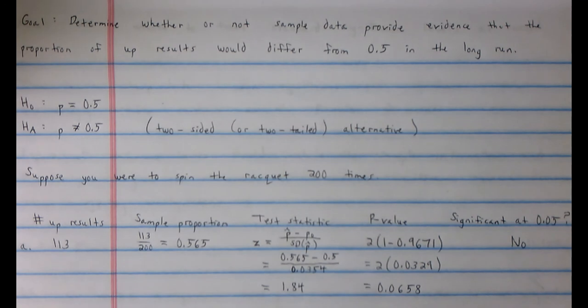In this case, it's a z-score. We take our observed proportion p hat minus the hypothesized proportion p0, that comes from the null hypothesis, and in this case is 0.5, over the standard deviation of p hat. So I've got the calculation for the standard deviation shown below.